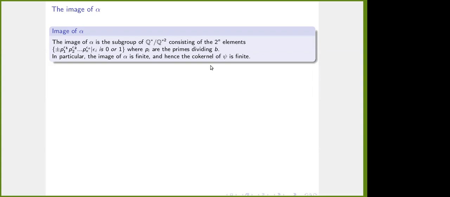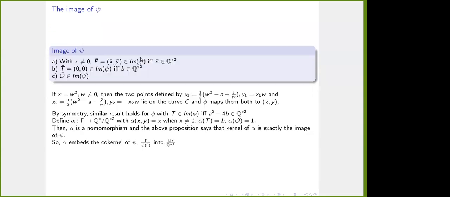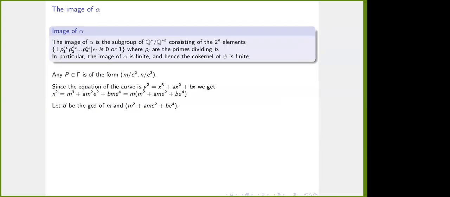So the image of alpha is finite, and remember that alpha is embedding this group into Q star upon Q star square. That will show that gamma over psi of gamma bar is finite, which implies that the image of psi is finite.